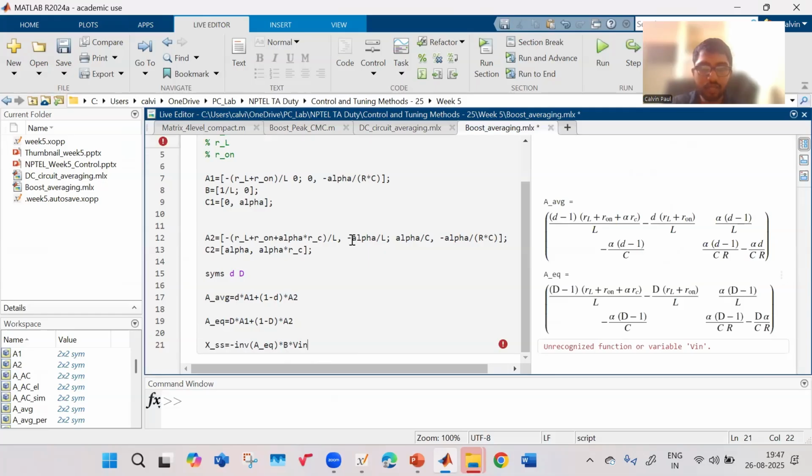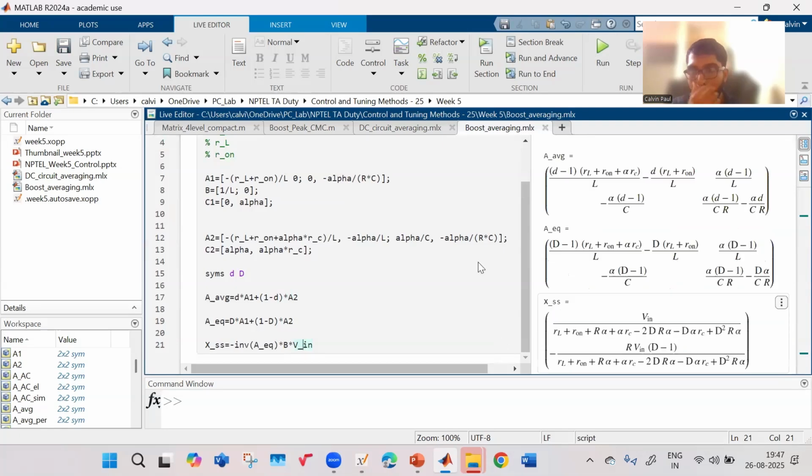So Vn is what have we defined it as? V underscore A. Okay. So this is our X steady state. So this has all the parasitics, all that is included in that. Okay, this is our steady state operating point.